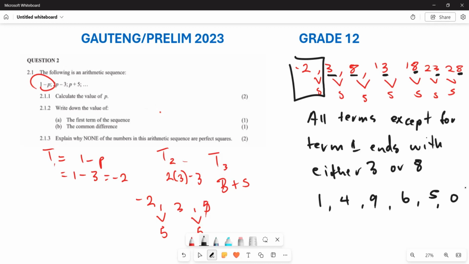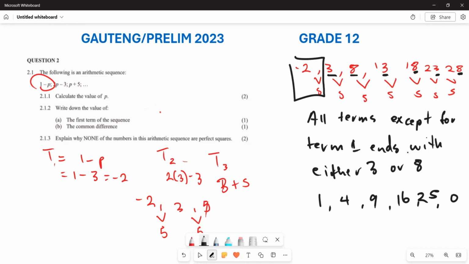So all the numbers that we are saying are perfect squares end with something, right? For example, here this is going to be 1, 4, 9. Here this is going to be 16. This is 25.